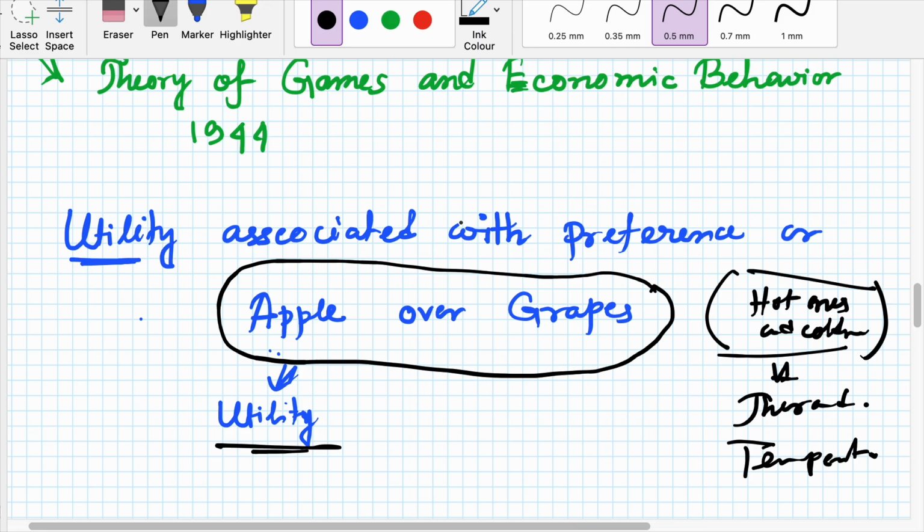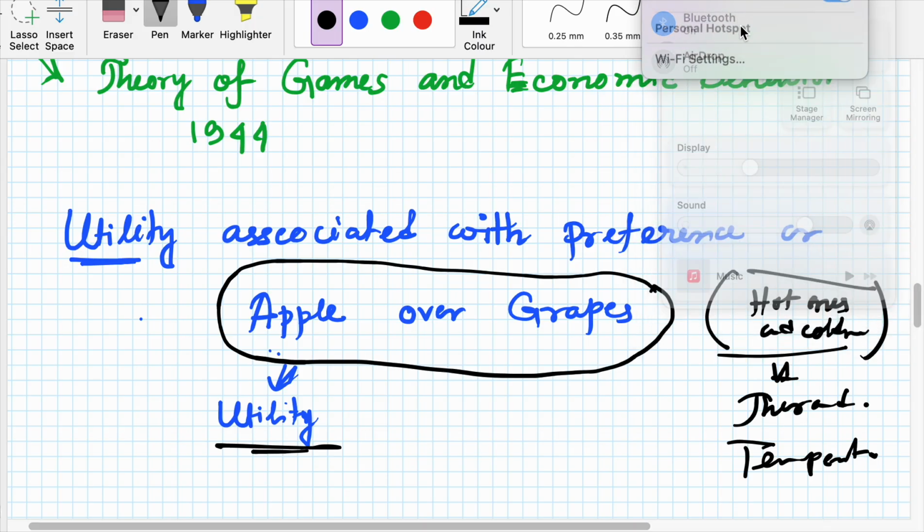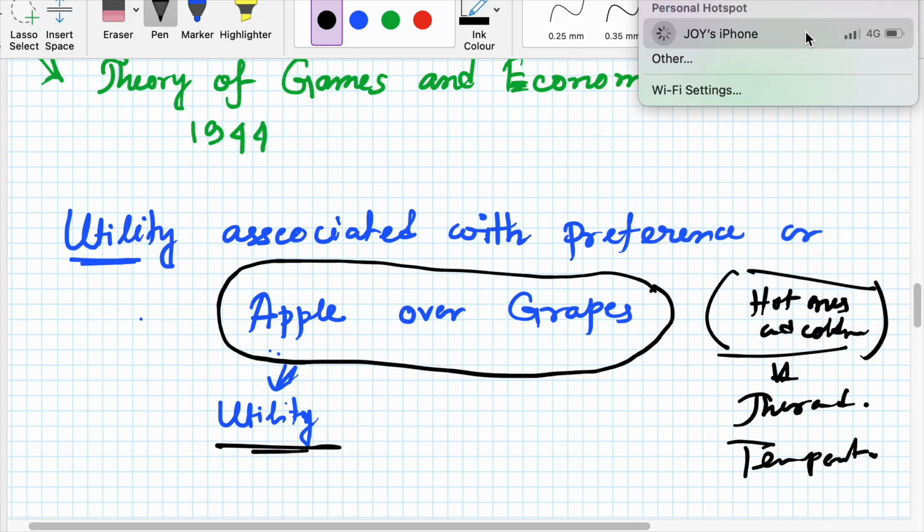This question is resolved in thermodynamics. How is it resolved? By introducing the concept of temperature.